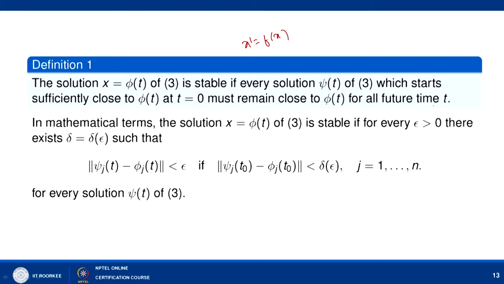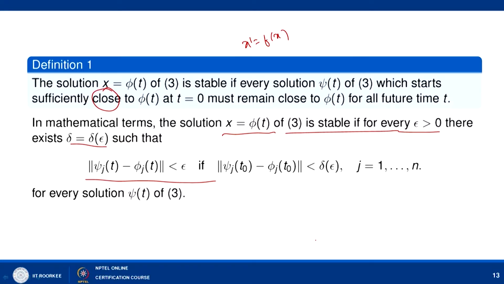Now, we need to define what we mean by close. To define closeness in mathematical language, we need the distance function, which we have already discussed. For vector valued functions, the distance is given by the norm of that function.